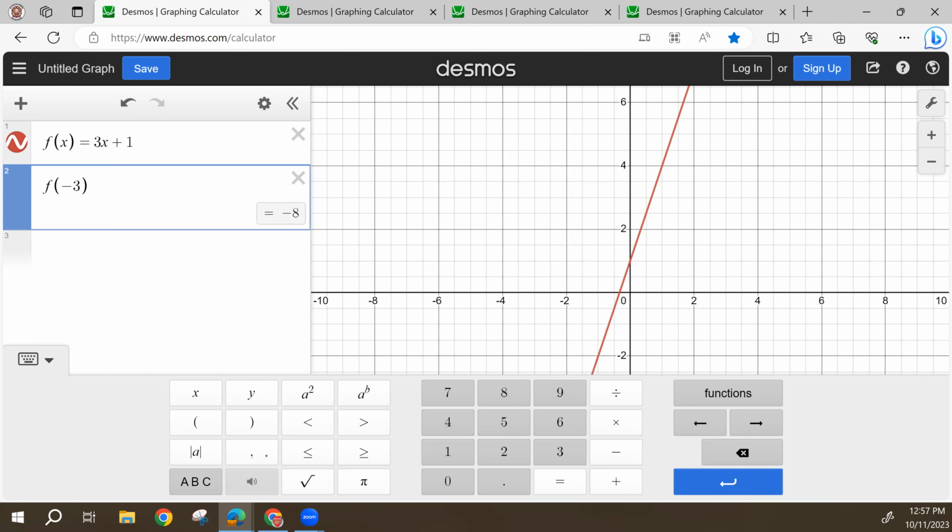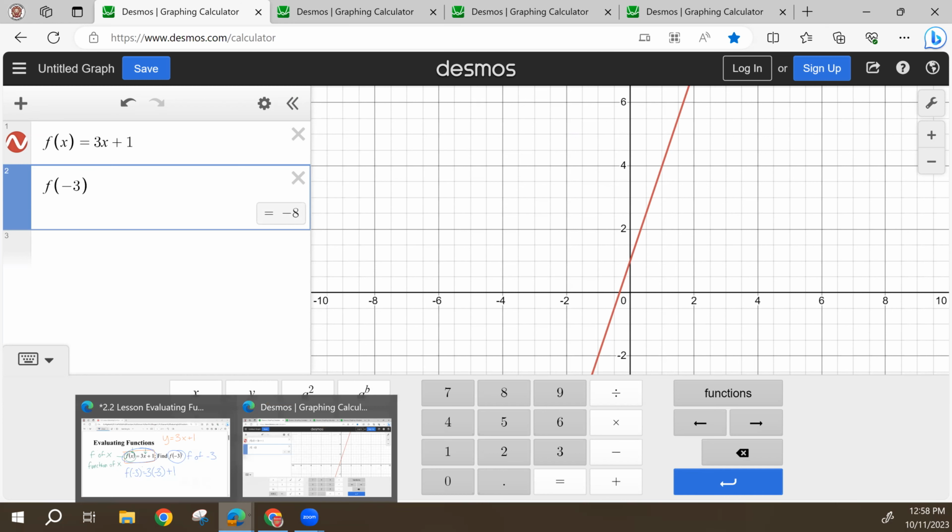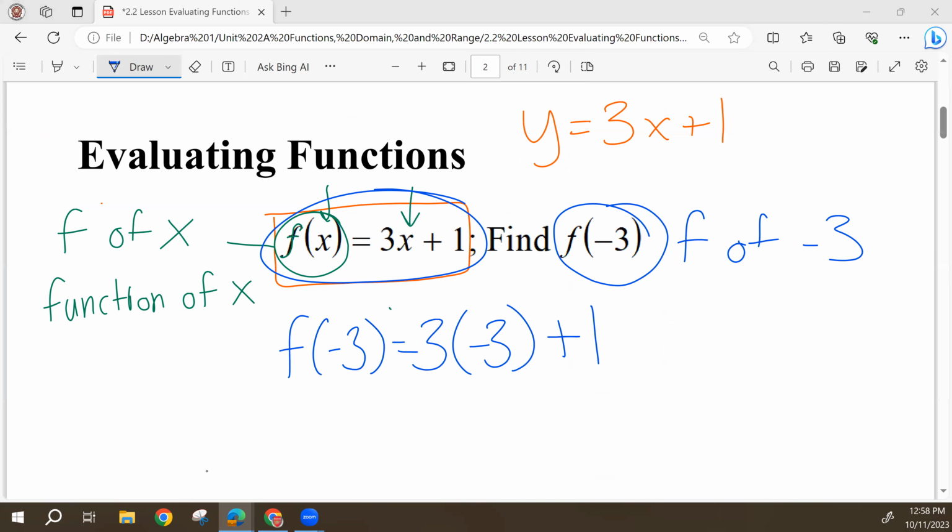That means on this function, there is a point whose x value is -3 and whose y value is -8. So these are creating points that are on our function. The number I plugged in is an x, so that goes first.